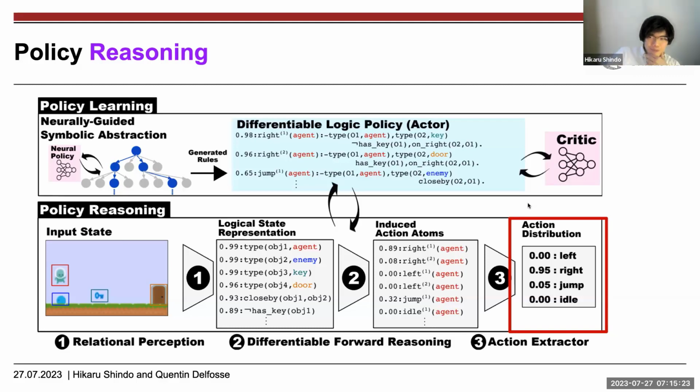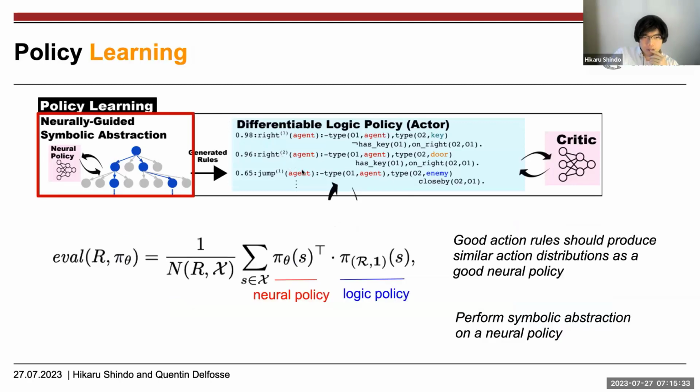So the problem is how to generate this set of rules, which are going to be assigned weights. In our framework, we obtain these rules by performing symbolic abstraction on top of a pre-trained neural agent.